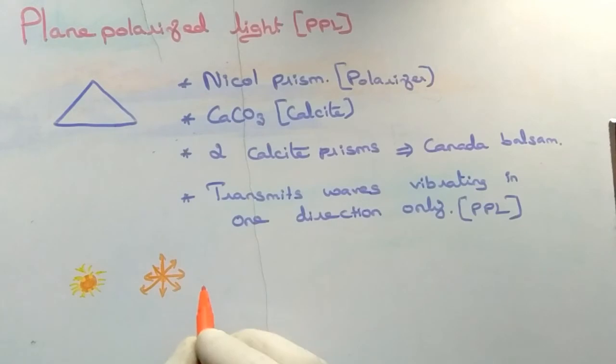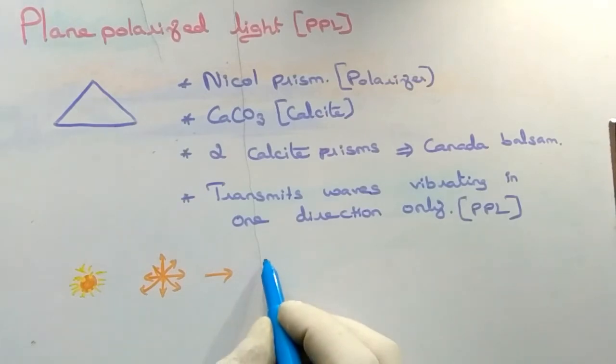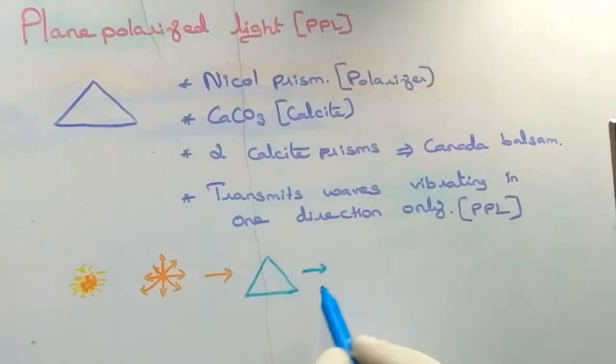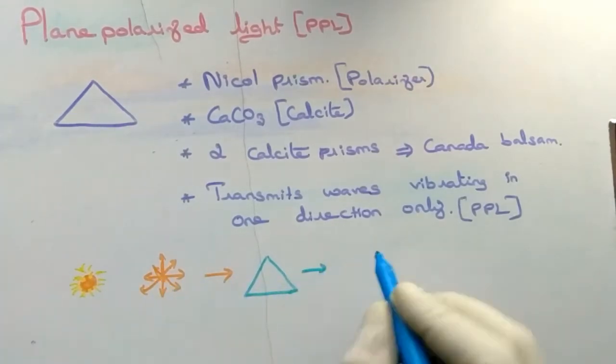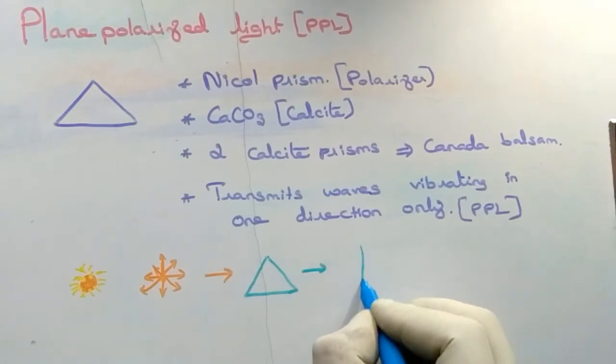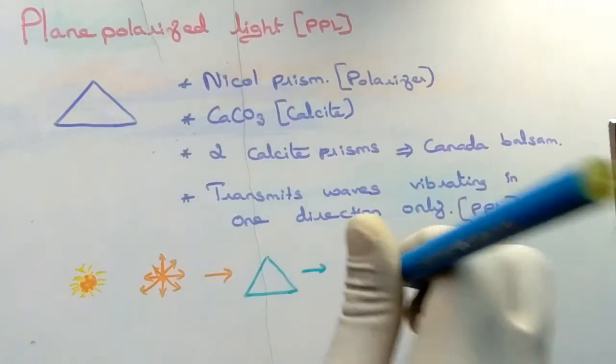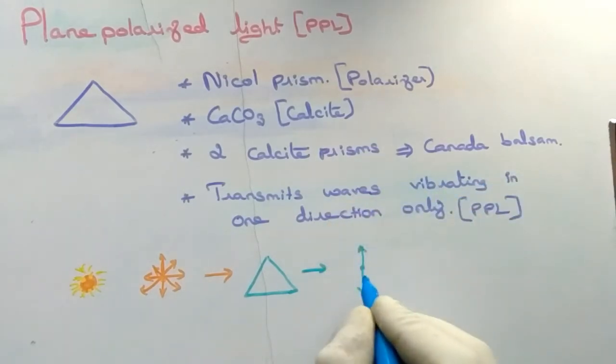When ordinary light passes through the nicol prism, the nicol prism will allow only the light particles which are vibrating in one direction. The particle which is vibrating in only one direction is called plane polarized light.